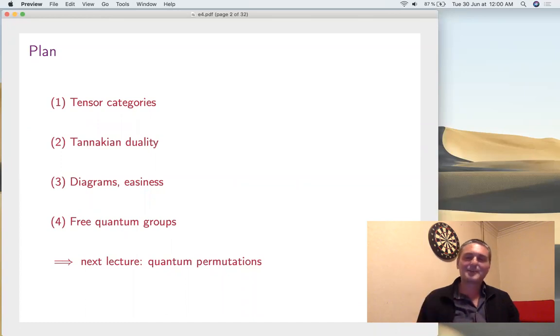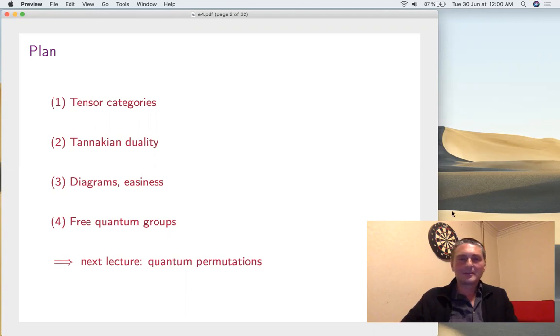Everything else like fusion rules, other stuff is a bit secondary. So that's why we'll get into this. And of course, the end will be a bit short. So in the next two lectures, number 5 and 6, we'll go to that in more detail. To be more precise, we'll see that quantum permutations are somehow missing to be done next, and more easiness, and then more analysis and other things.